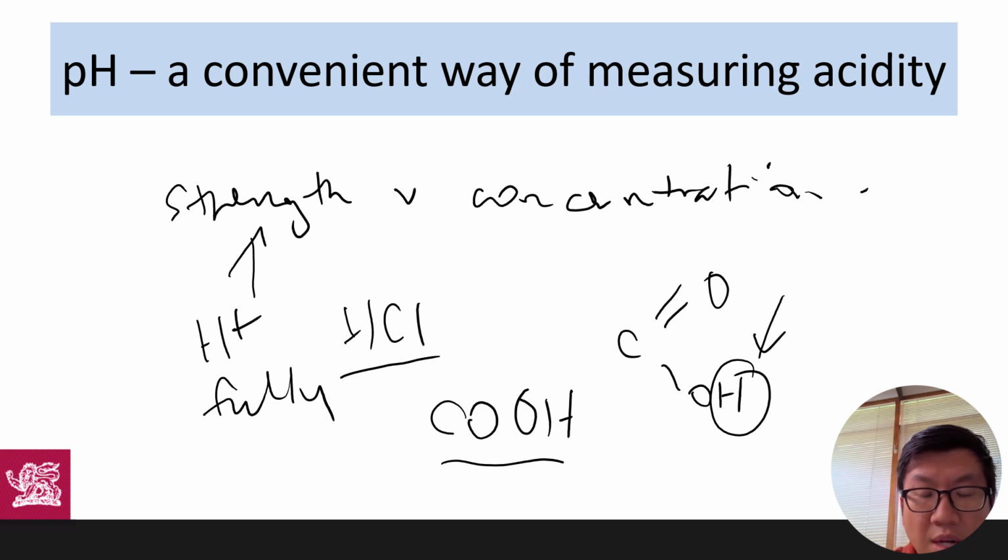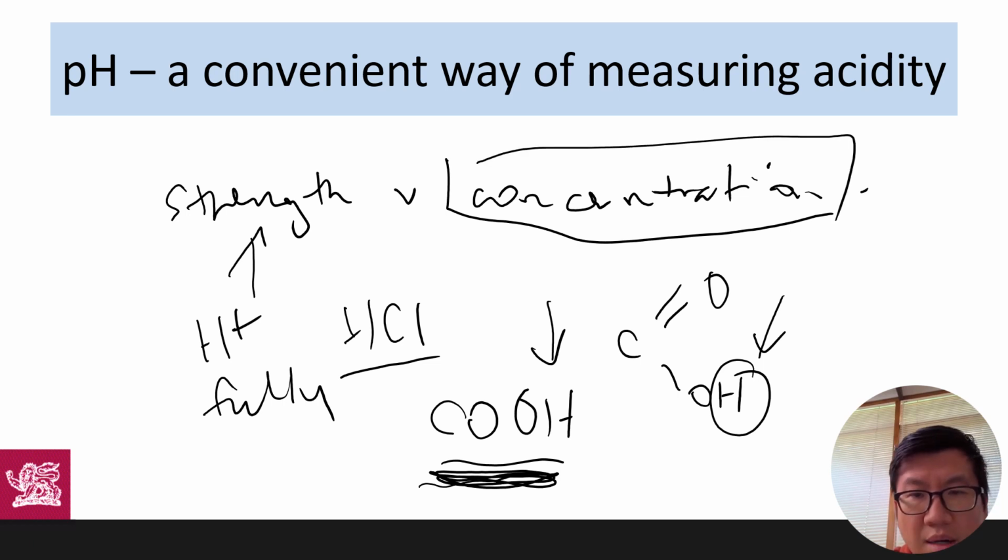For every 100 molecules of acids that are carboxylic acids that have this group, one of them will dissociate their proton.